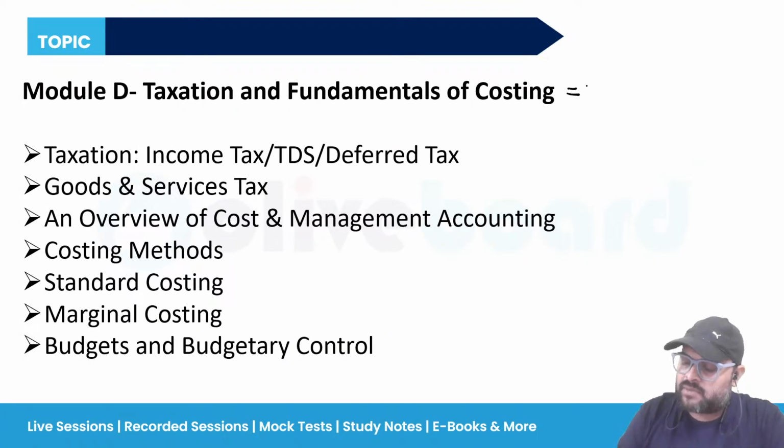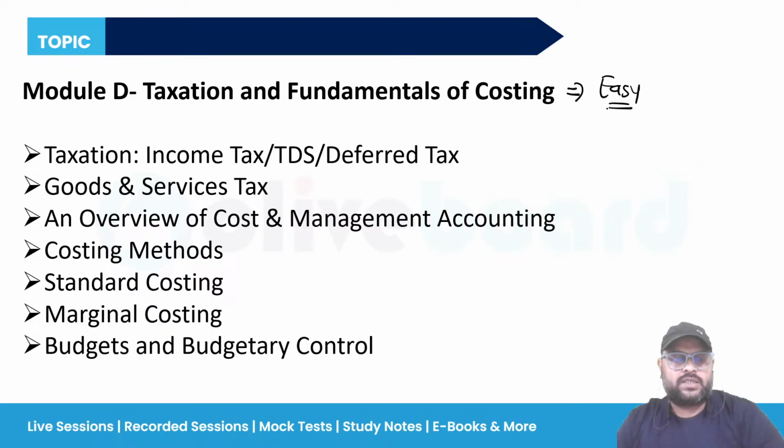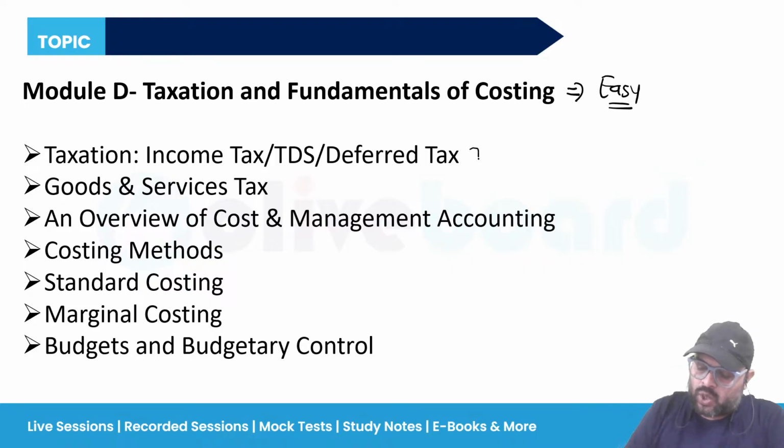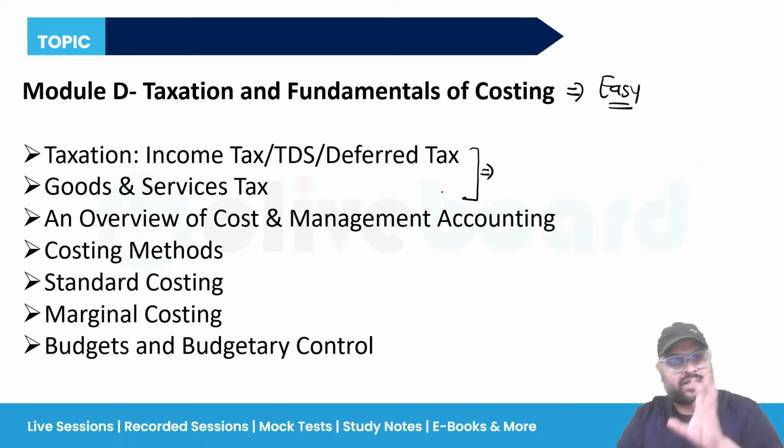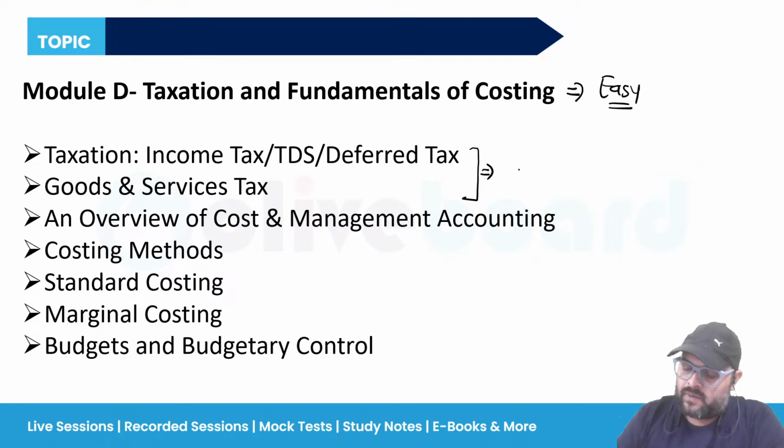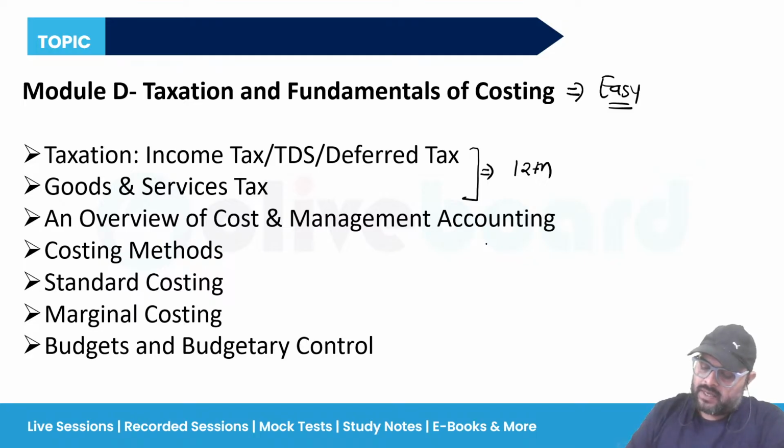Module D, an easy module. Again, easy to score good marks kind of module. So taxation, two topics of the taxation, and it's not a detailed taxation in your syllabus. It is just a basic part of taxation there in your syllabus. And that taxation will be around 12 marks in the exam, and that costing part will be around 12 or 13 marks in the exam.